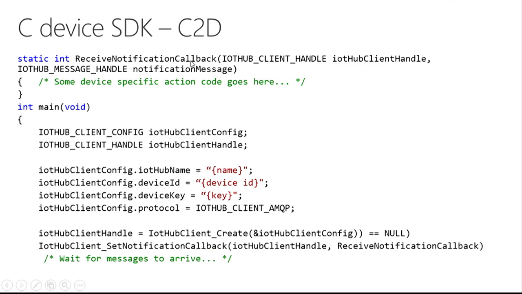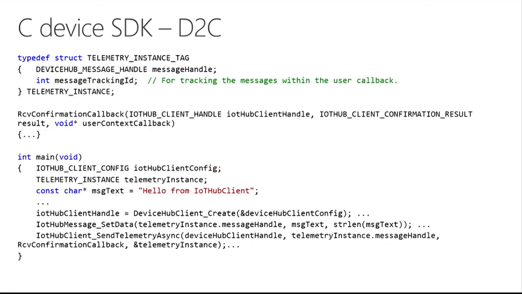Inside your receive notification callback, you are effectively able to receive messages and to operate on them. It is inside this method that you will be required to complete or abandon those messages.